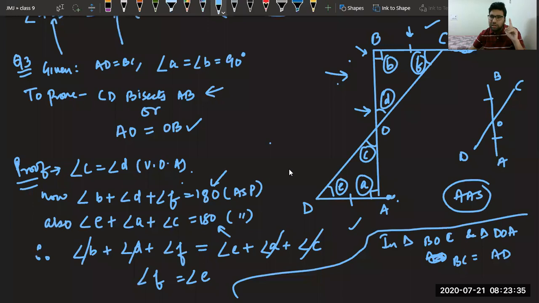Second thing is angle B equal to angle A, both 90. This was given, so I'm writing G for this. And we have proved that angle F is equal to angle E. So by ASA criteria, triangle BOC is congruent to triangle.